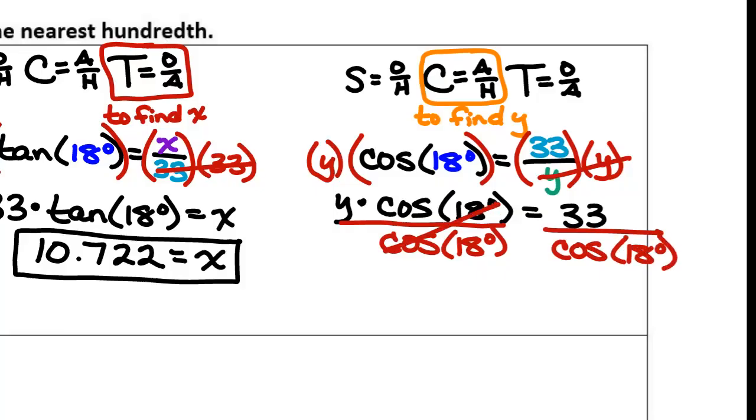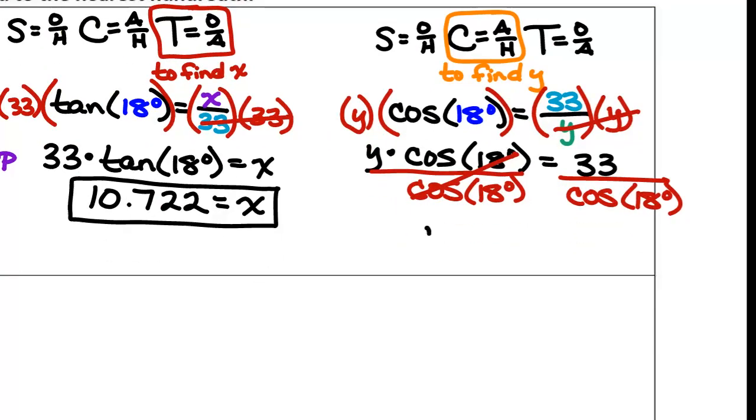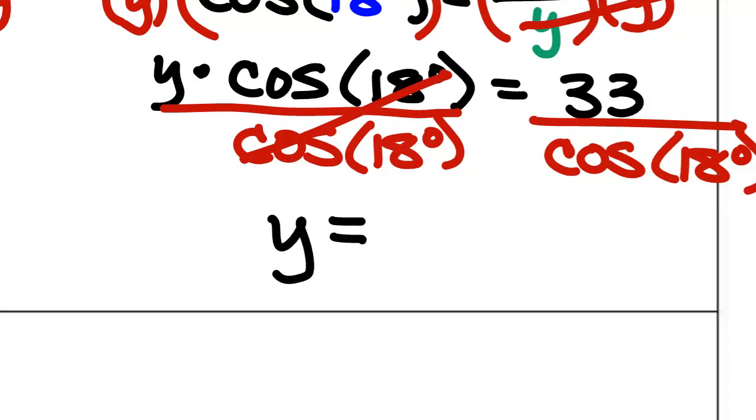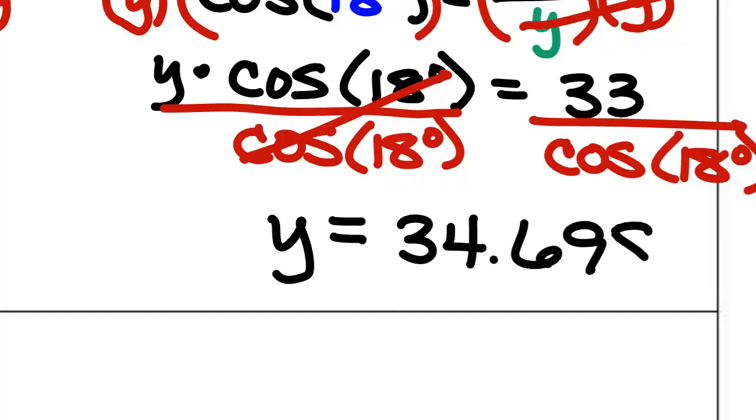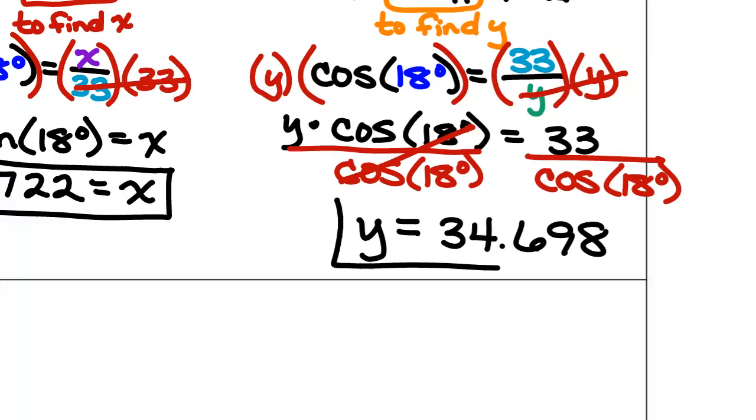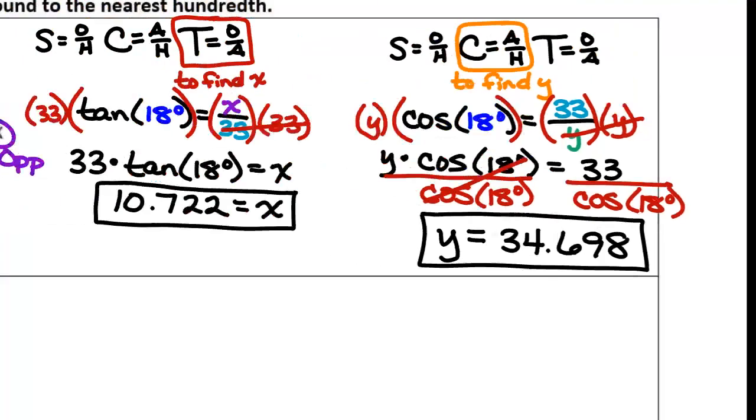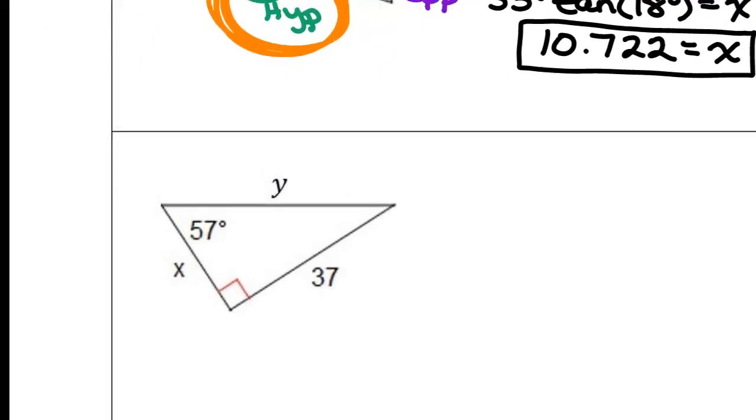Make sure you hit division on the calculator and not multiplication. It'll give you a similar but wrong answer. What is 33 divided by the cosine of 18? 34.698.